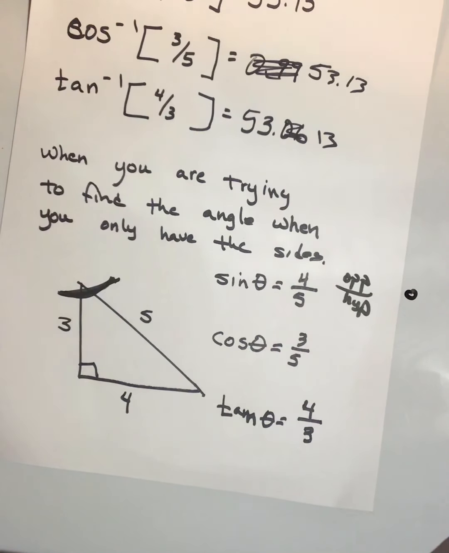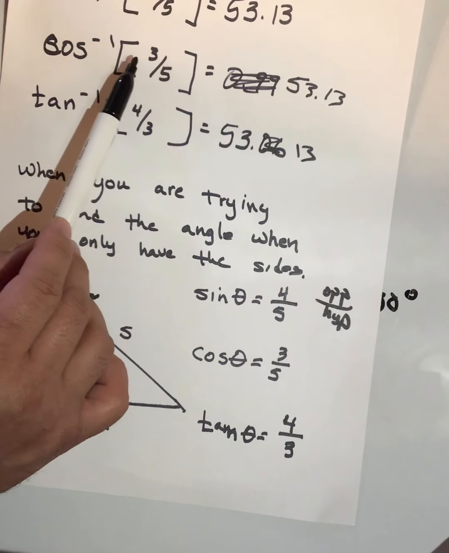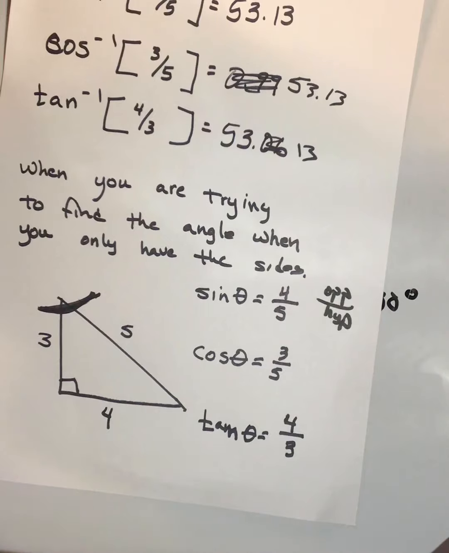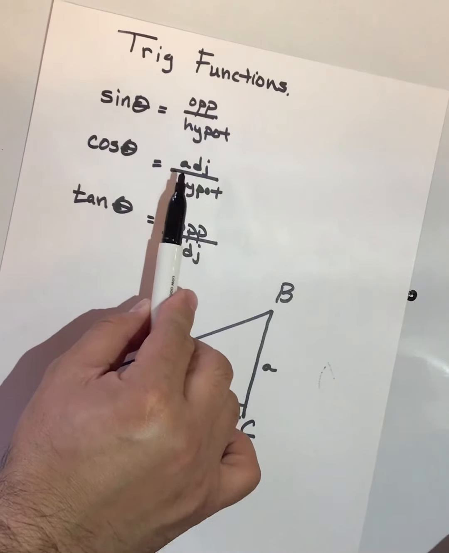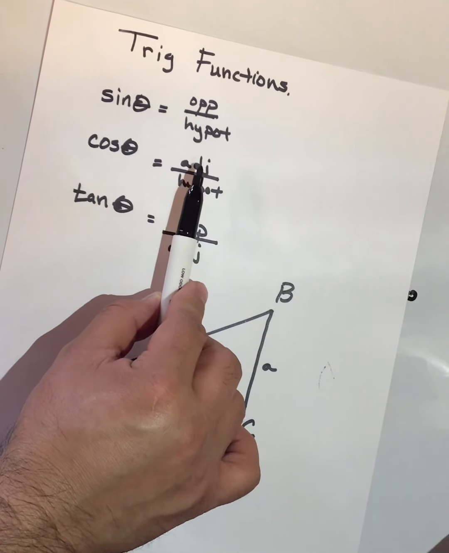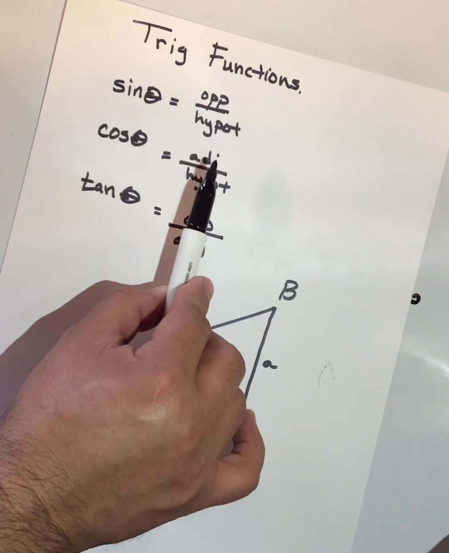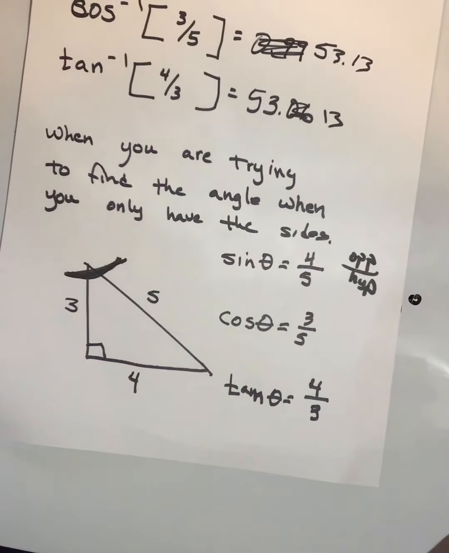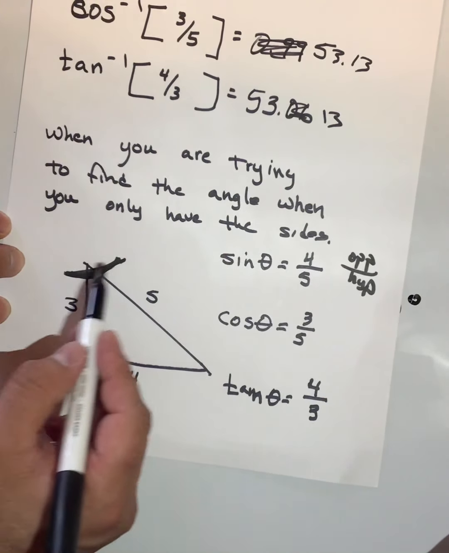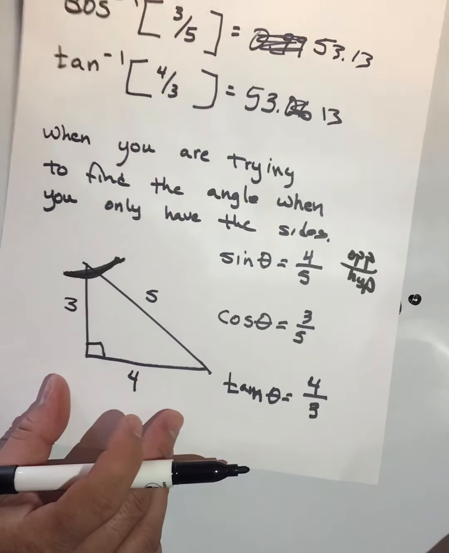Now I'm going to do the same thing with cosine, using the same angle. Cosine, if you remember, its ratio is adjacent over hypotenuse. The side next to the reference angle divided by the side hypotenuse. So this is what I'm going to be using on that same reference angle right here. I'm saying this is my reference angle, right? The side next to it divided by this.